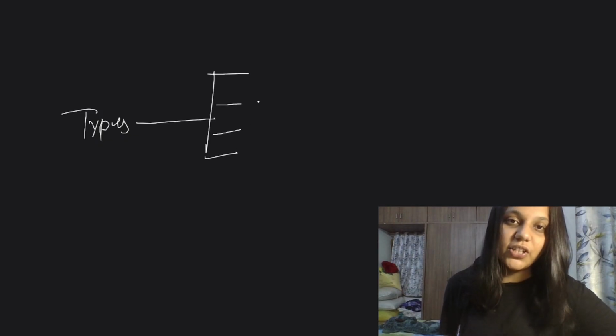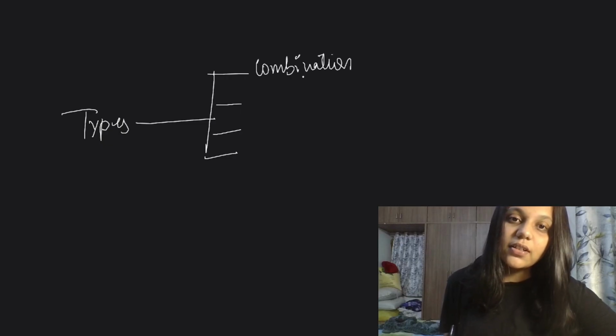So in this part 2, we are going to discuss the types of chemical reactions. So what are the types? Types of chemical reactions can be divided into 4 major types. The first one is combination. The second one is decomposition reaction.